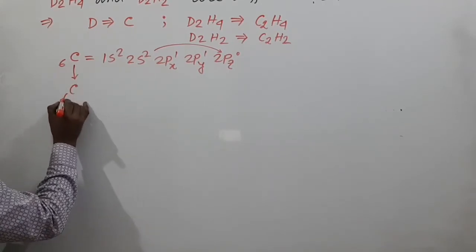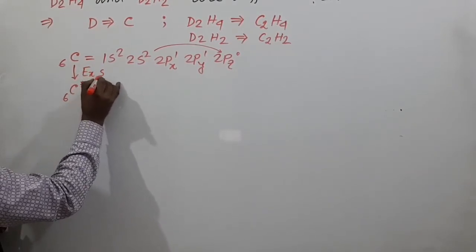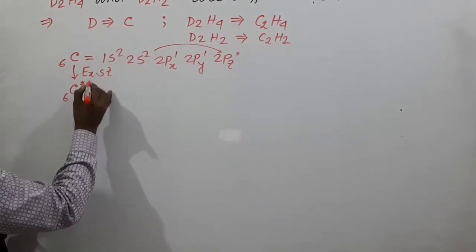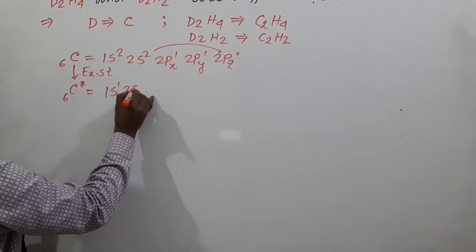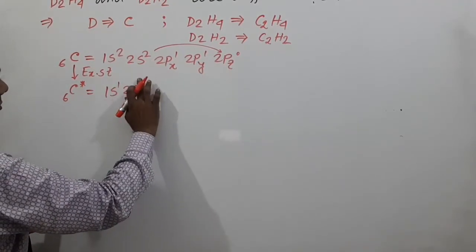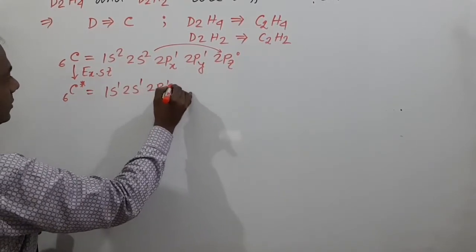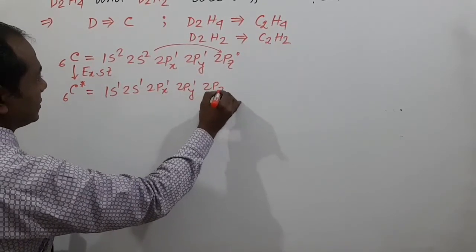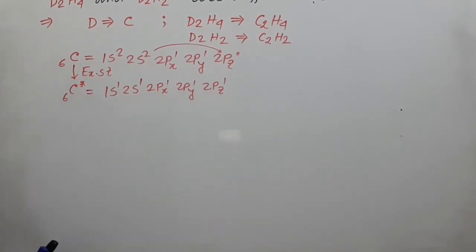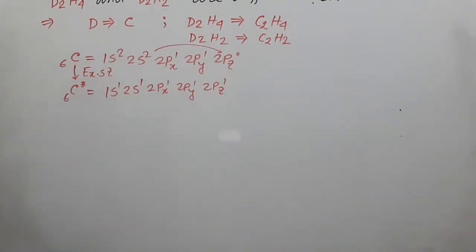This is carbon 6. This is excited state, and now the electronic configuration is 1s2, 2s1, 2px1, 2py1, 2pz1. My dear students, here in ethene one carbon-carbon double bond is present.